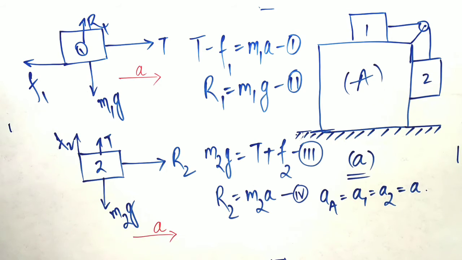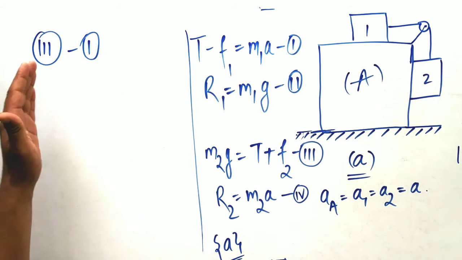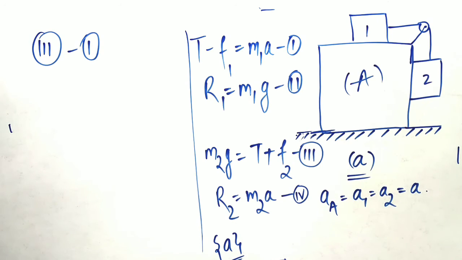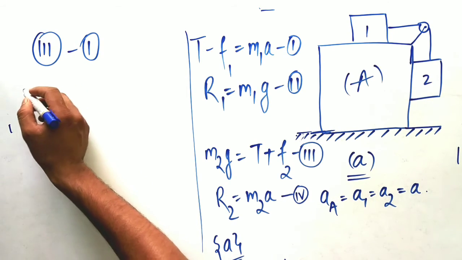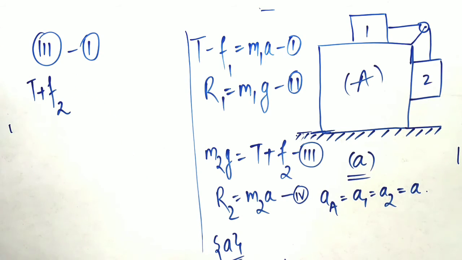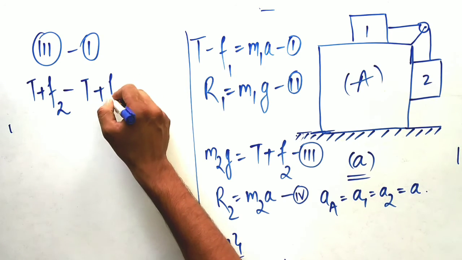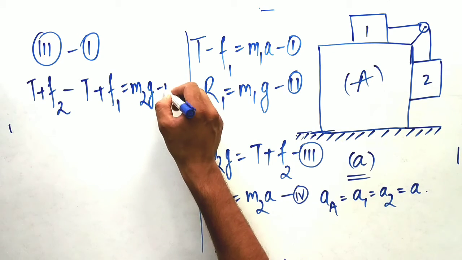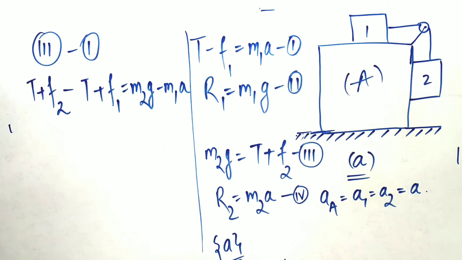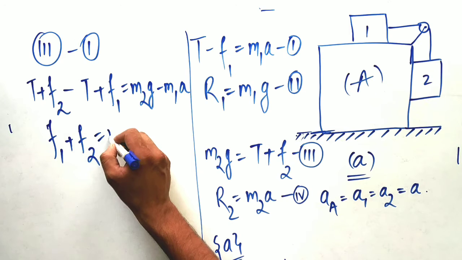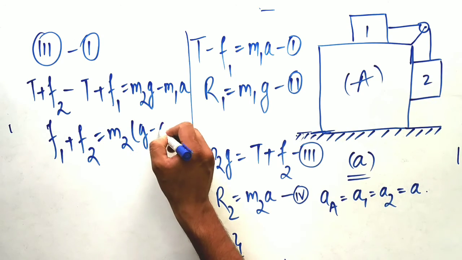We are going to solve for a. First we'll subtract equation number 1 from equation number 3, which will give us T plus F2 minus T plus F1 equals m2g minus m1a, which will give us F1 plus F2 is equal to m2 times g minus a.